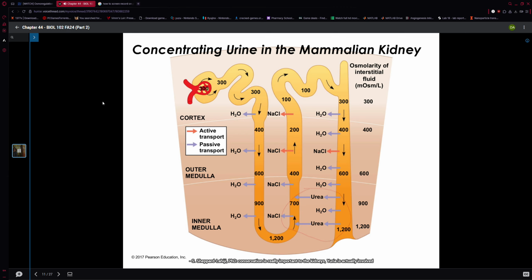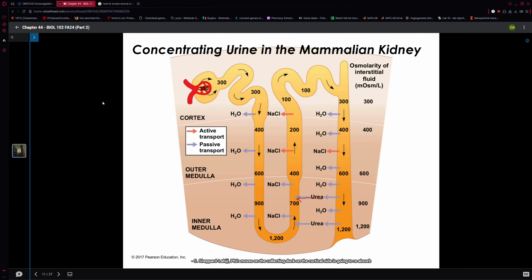But because water conservation is really important to the kidneys, urea is actually involved in helping to form the medullary gradient. When it comes to this process, urea is going to enter the filtrate in the ascending limb of the nephron loop, and that process takes place through facilitated diffusion.